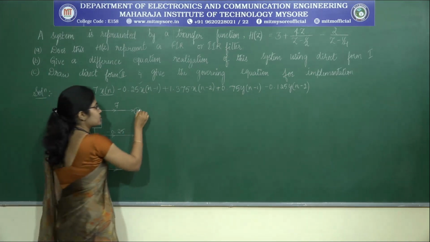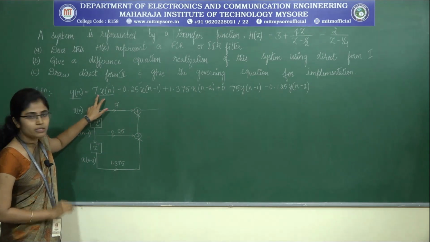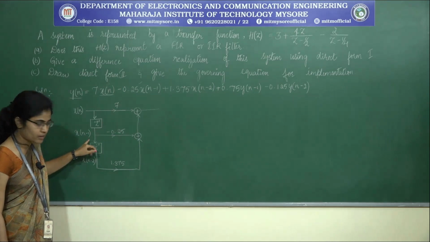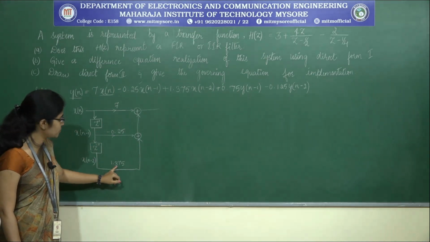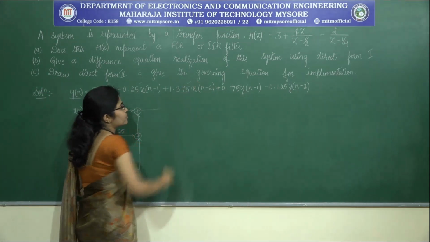Okay. Now, if I check the output at this adder, the output of this adder will be 7 into x of n minus 0.25 into x of n minus 1 plus 1.375 into x of n minus 2. That is, we completed 3 parts.